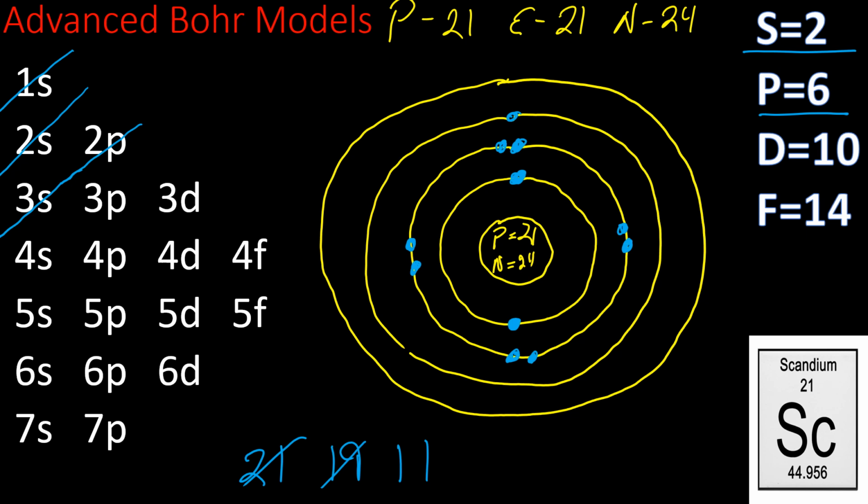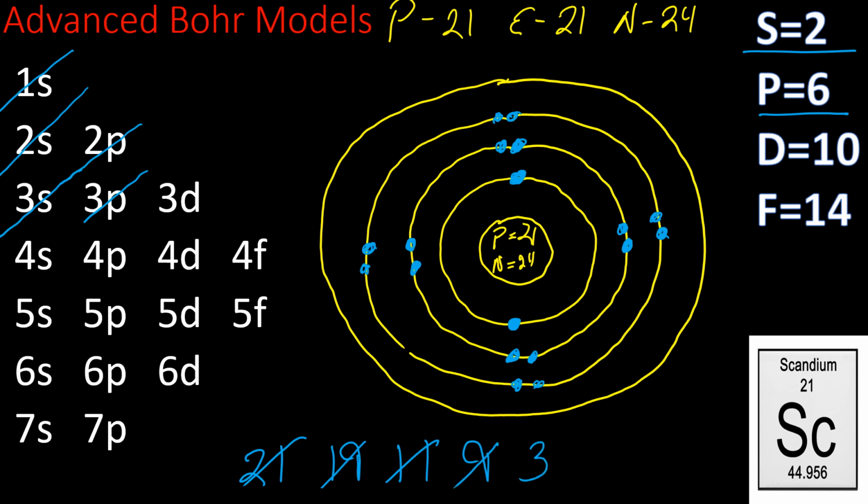And so right here we got 1, 2. So now we have 9 left. So we're going now to go to 3p. P meaning 6. 4, 5, 6.